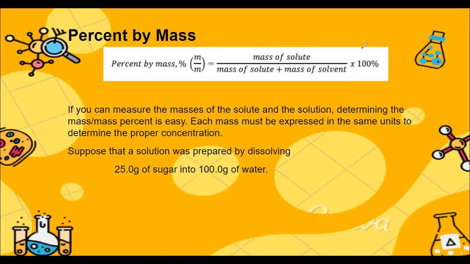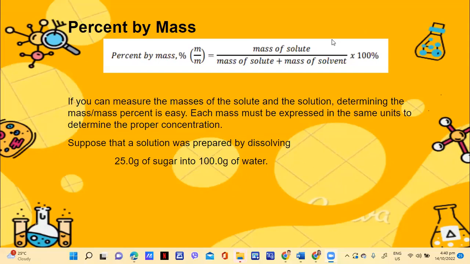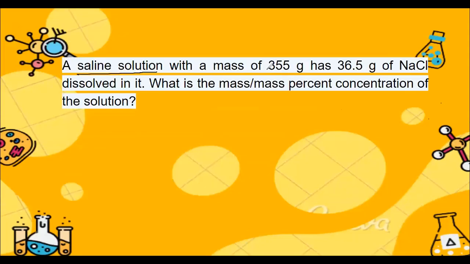Moving forward to our next problem. All right. So we have a saline solution with a mass of 355 grams, has 36.5 grams of sodium chloride dissolved in it.